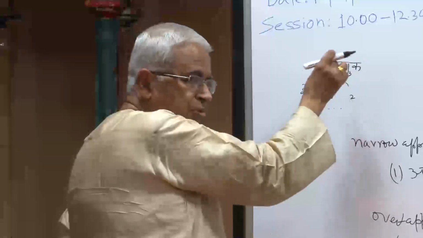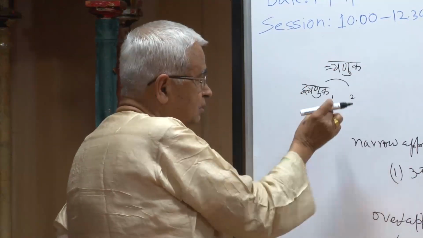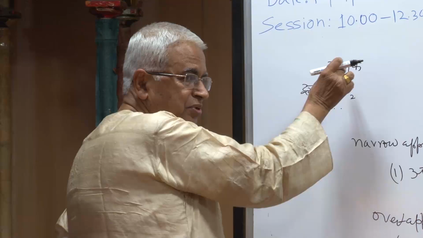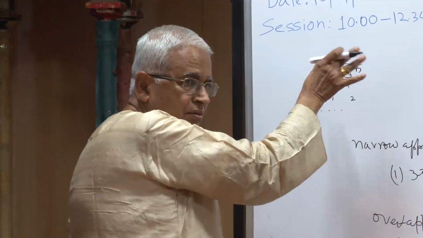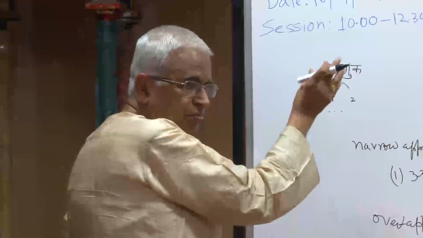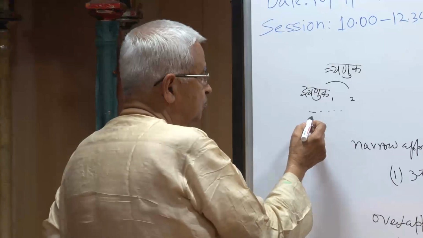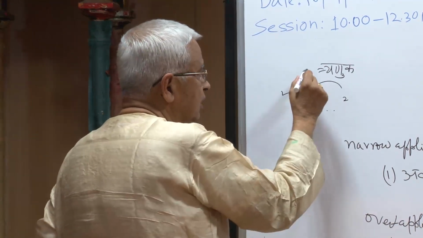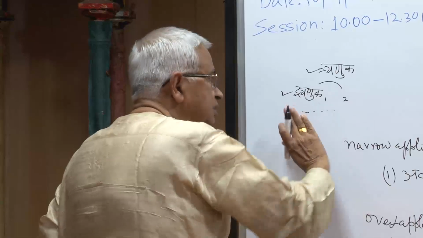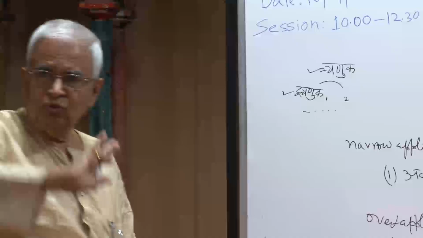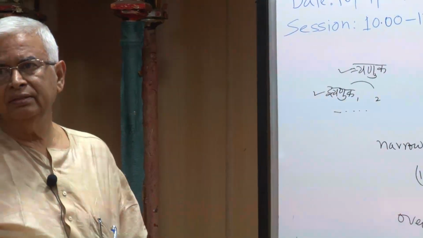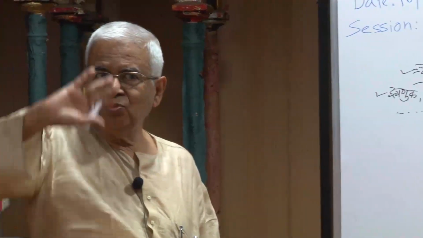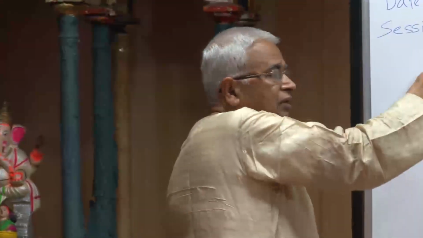Here the visibility will begin. This is not visible, this is not visible, visibility will begin here. So it becomes a solid mass. So from here they started. So you can see this is Karya, this is Karya. Except Paramanu, the whole thing is a Karya. This is also Prithvi, no?